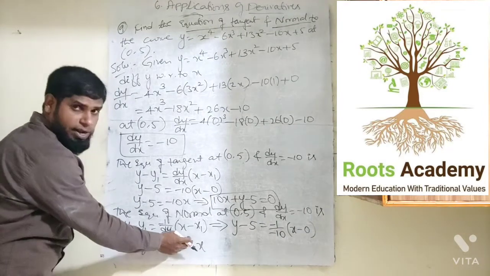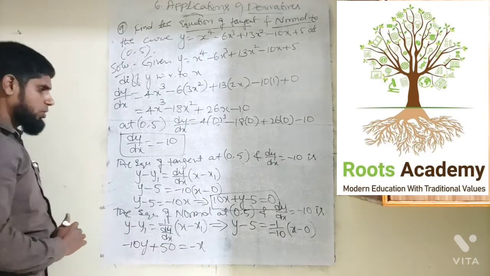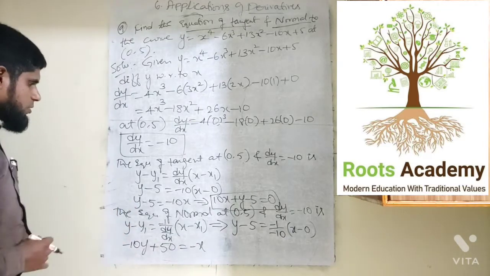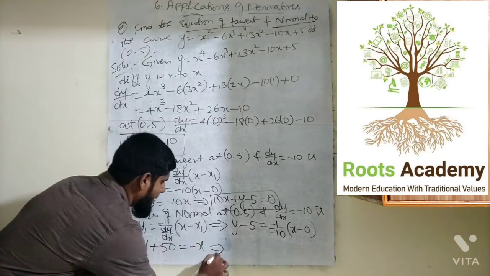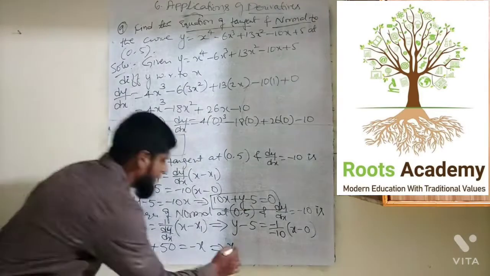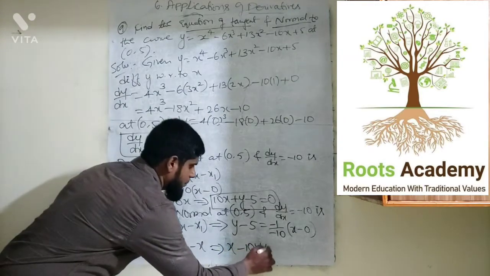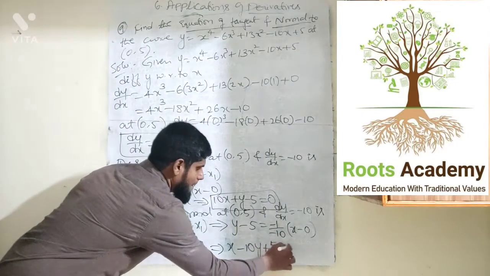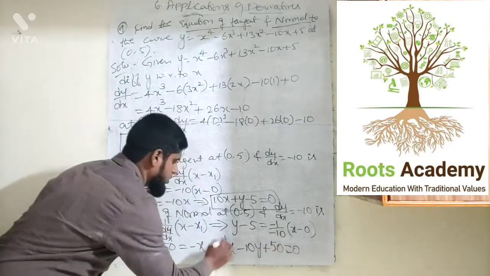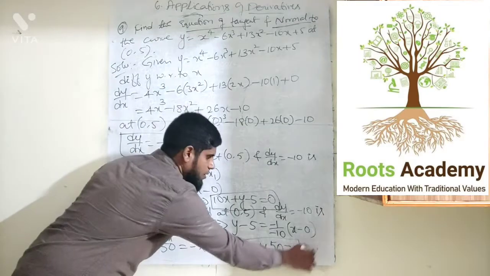Since I don't want x as negative, I will shift this minus x to the other side. So this gives us x minus 10y plus 50 is equal to 0. This is our equation of normal.